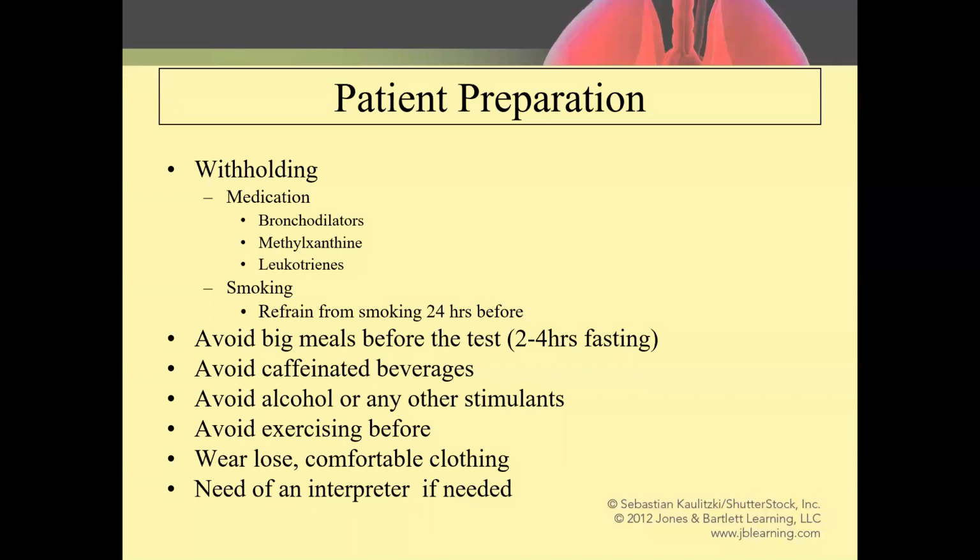It's not highly potent, but caffeine supposedly does have some bronchodilatory features. In this other lecture, I basically say that there are some researchers out there who say that while caffeine probably should be withheld, some of the studies say it really doesn't make a difference. Just know that it's a good idea to withhold methylxanthines and caffeine, but there's some information out there saying if it's just one cup of coffee, it really shouldn't make a difference. Leukotriene inhibitors, such as Singulair, should also be withheld.